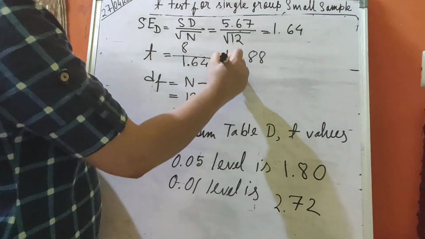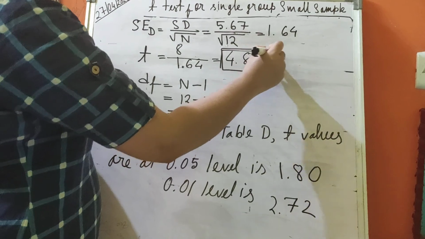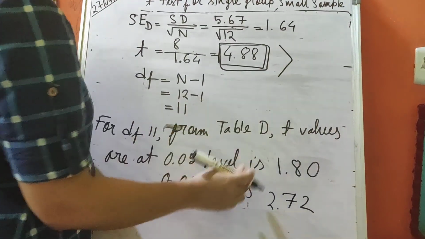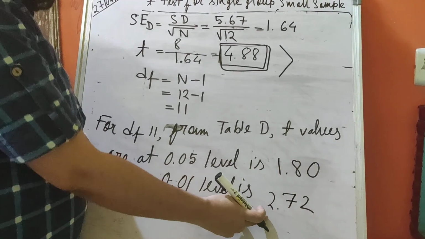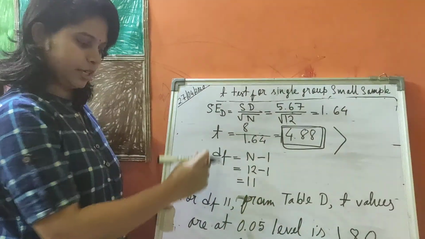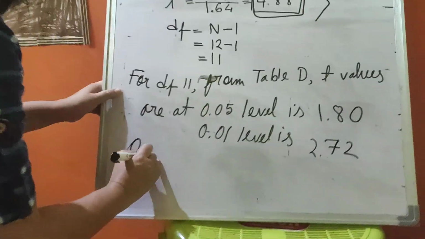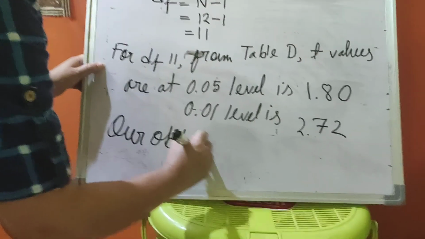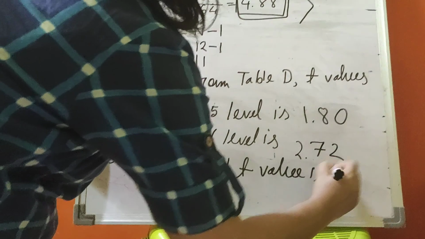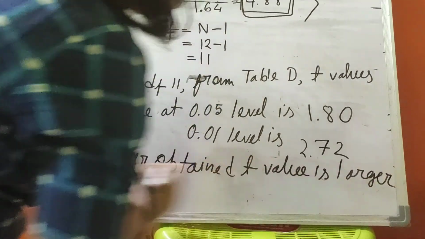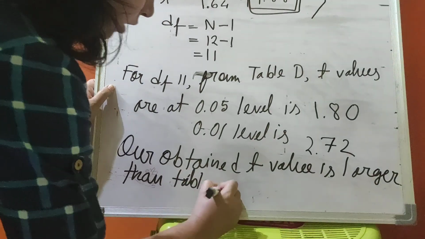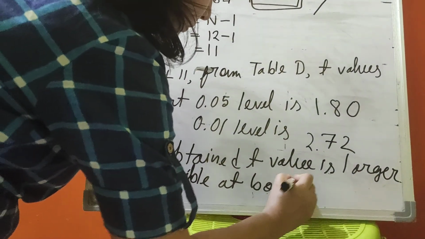Now our obtained t value is 4.88. So 4.88 is larger than 1.80 and 2.72. So our obtained t value is significant. We'll say that our obtained t value is larger than the table value at both levels.